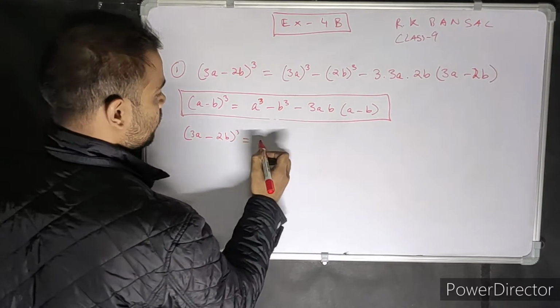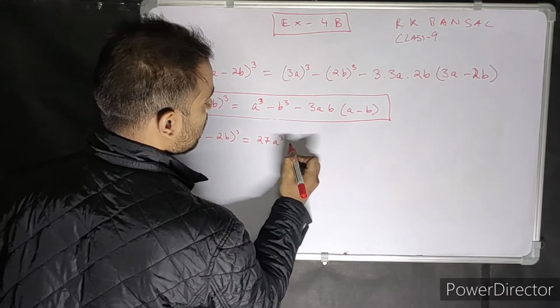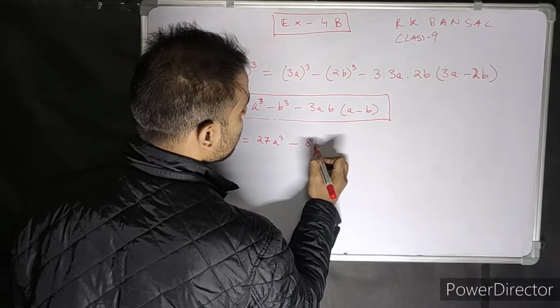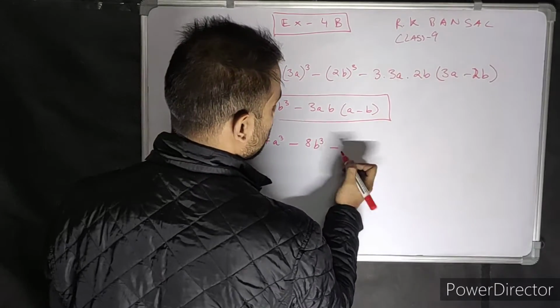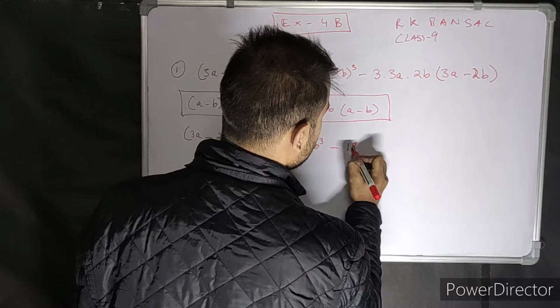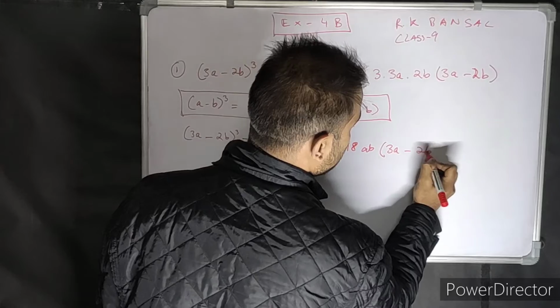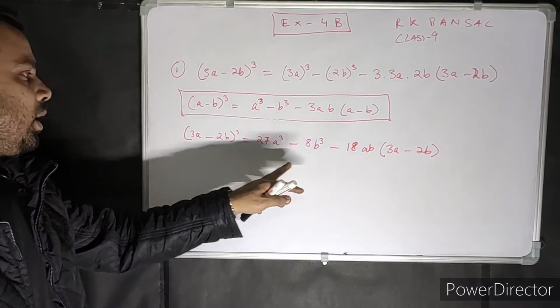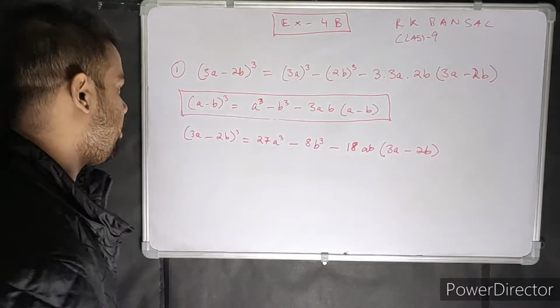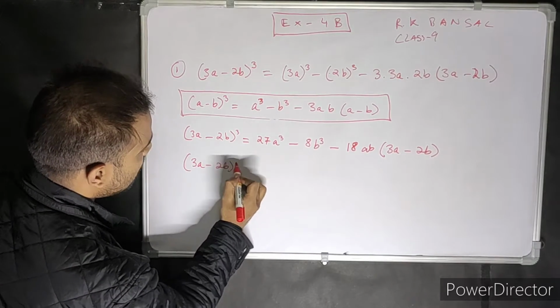It is equal to 3 3s are 9, 9 3s are 27a cube minus 8b cube minus 3 3 9, 9 2s are 18ab, 3a minus 2b. Those of you who don't want to do this extra step, you can just multiply and write the final answer. So 3a minus 2b whole cube.